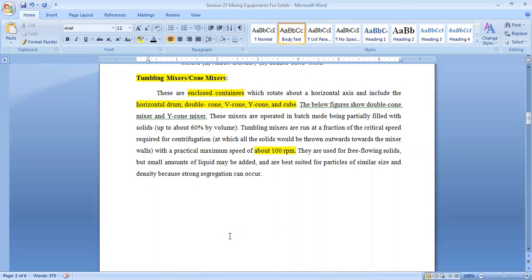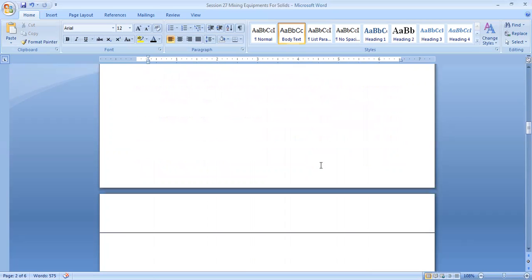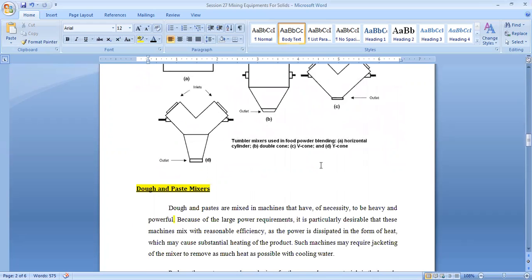And they are used for free flowing solids like dry powders. One important thing: if the moisture in the powder is more, some type of clogging will take place, and mixing will not be proper.